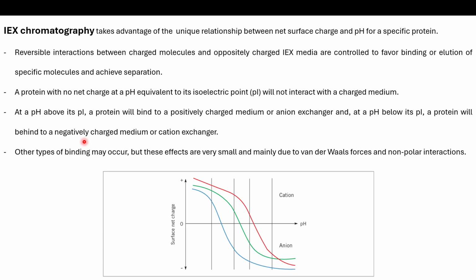And also when you're passing your sample through a matrix during ion exchange chromatography, other types of binding may also occur, but these effects are really small and mainly due to van der Waals forces and nonpolar interactions.